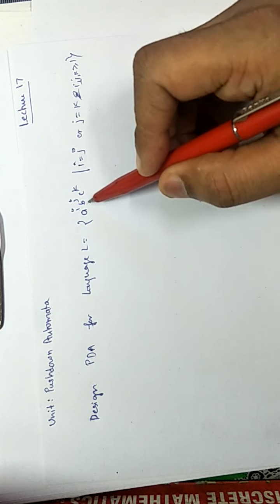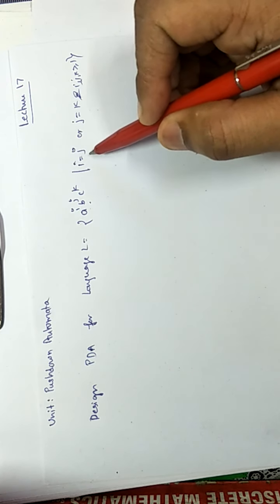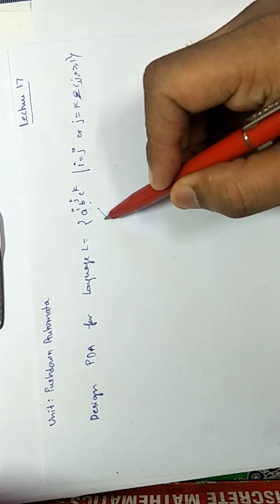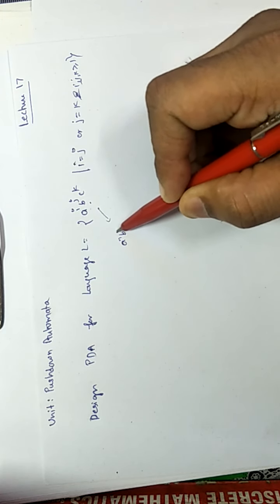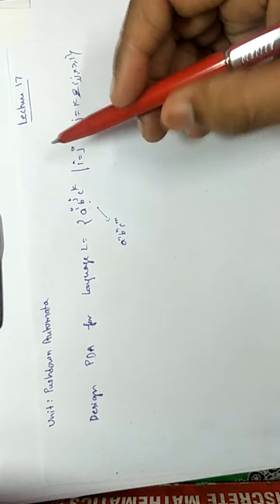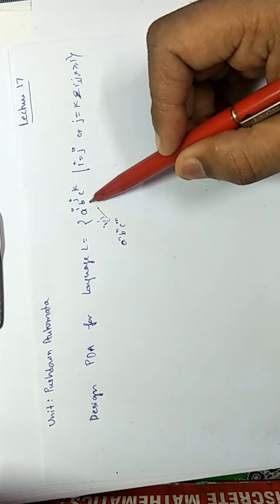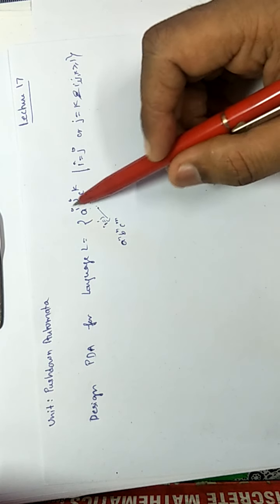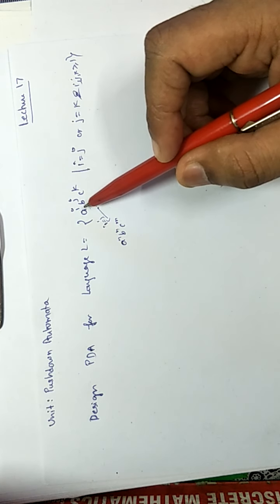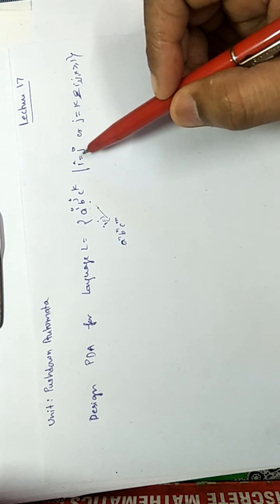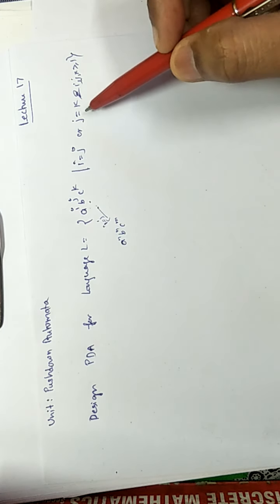Either I have to pop a for i equal to j, because for i equal to j this language looks like a^n b^n c^m. So on reading b, I pushed all a's first into the stack, and on reading the first b I took the decision whether to do i equal to j or j equal to k.